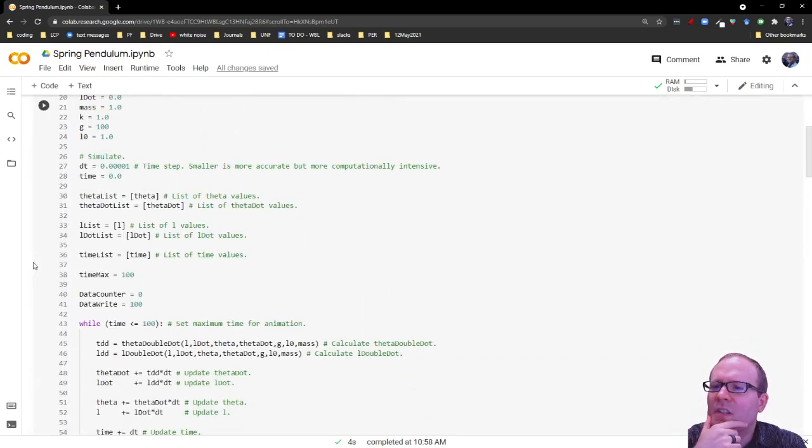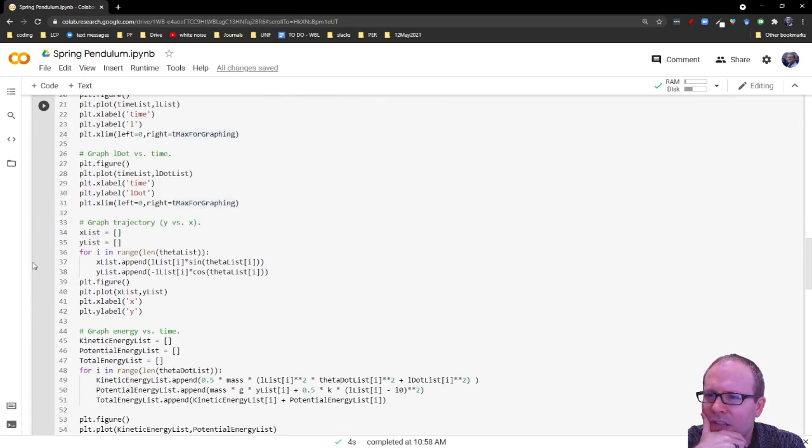Right? Because my x starts out as L sine theta. Oh no, that's going to rotate. That's going to be over to the right. Right. Okay, yeah, it's going to rotate this way. And so my y is negative L cosine theta.